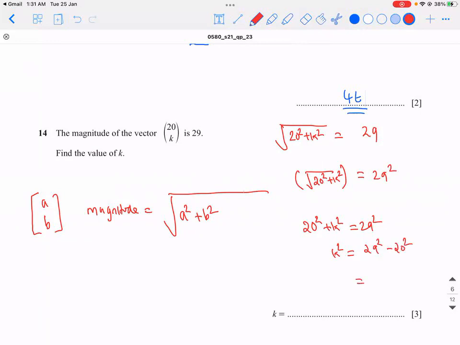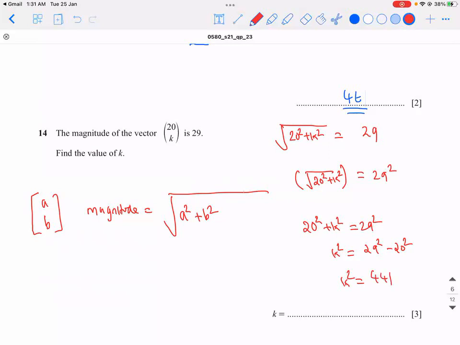So please calculate the answer. So what happens is 29 square minus 20 square. So k square we will get as 441.